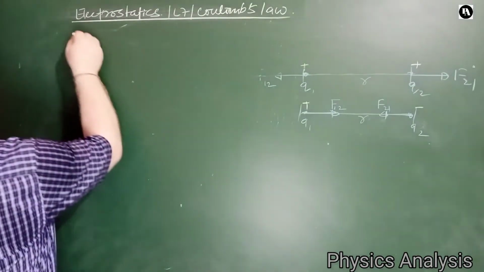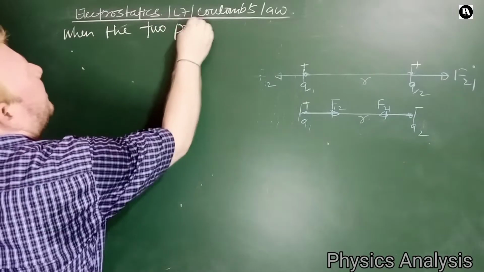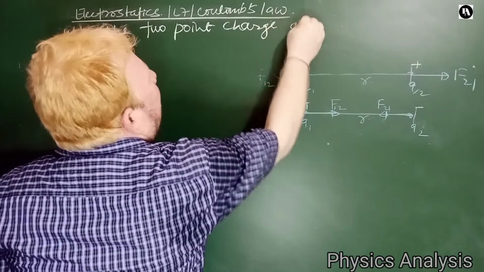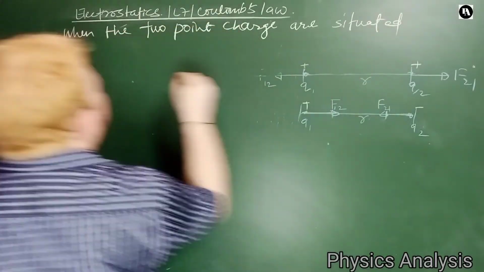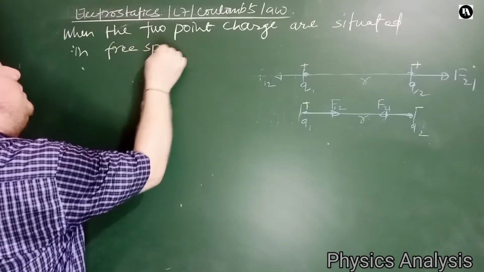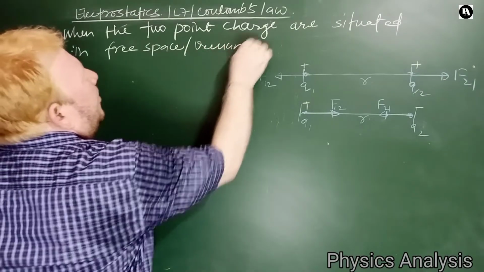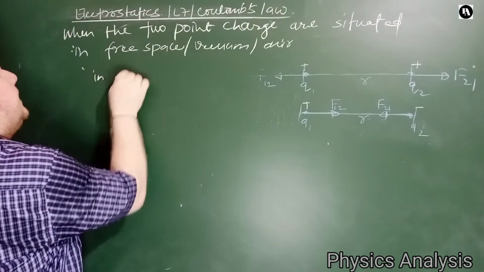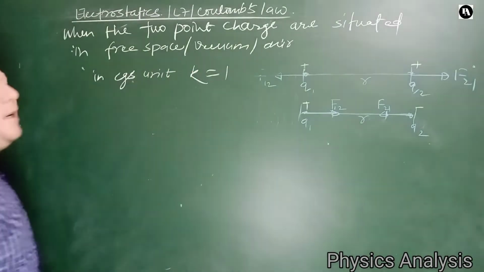When the two point charges are situated in free space, you can write vacuum or air also, then in CGS system, in CGS unit, K value will come to 1, right?